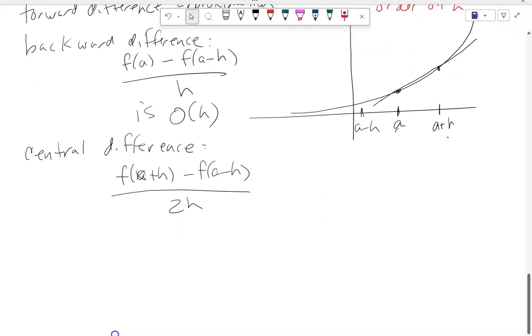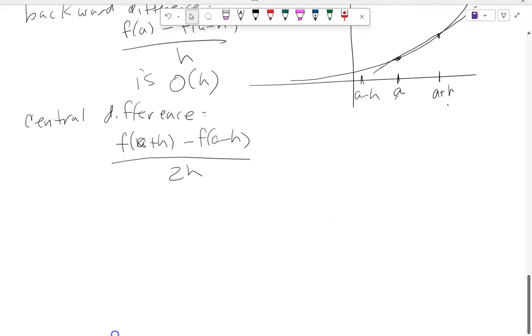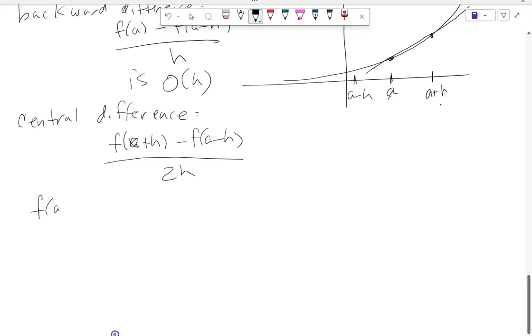So we're going to go back to the power series and see if we can find out what the error is. It's O of h to what power? What order approximation do we have? Okay, so we already wrote out f of a plus h earlier, right?